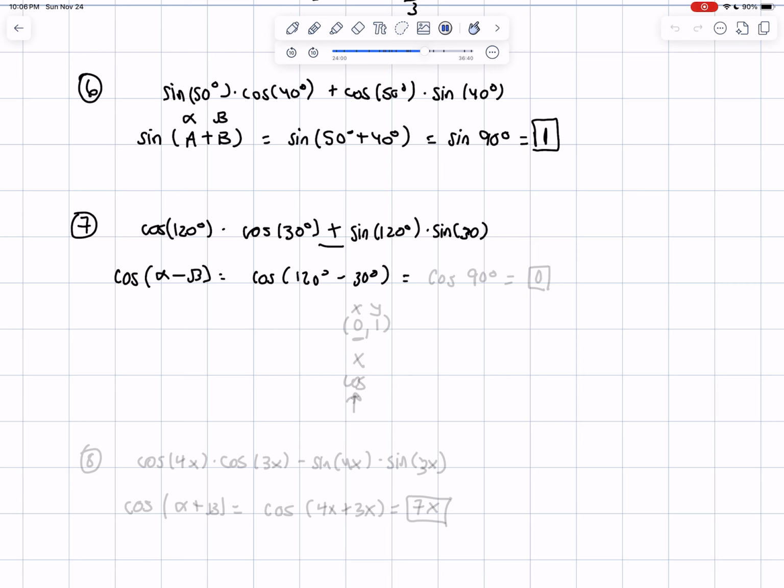So 120 minus 30 degrees is, let's see, 120 minus 30 gives me 90. And for cosine of 90 degrees, I know that this is going to be 0.